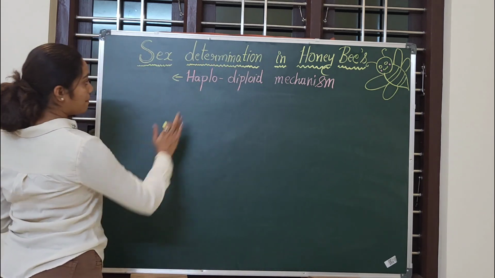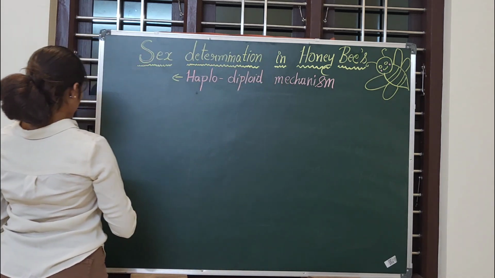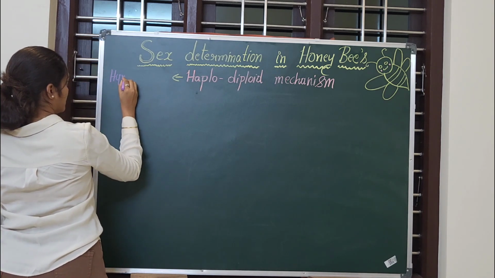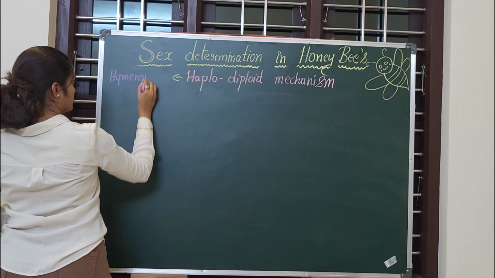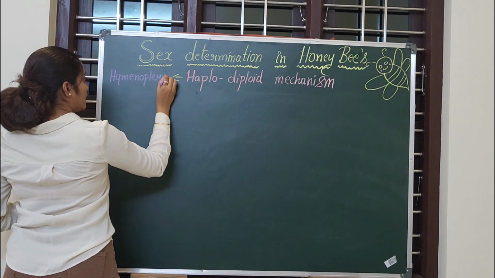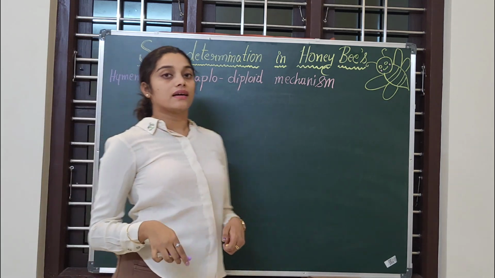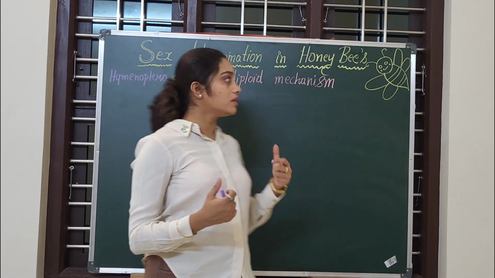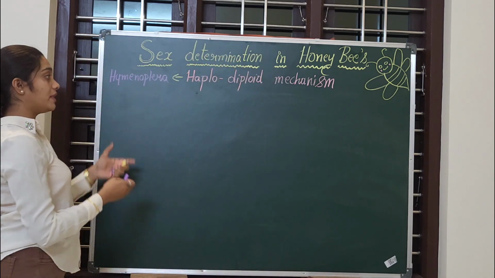Now this haplodiploid mechanism is seen in an order called Hymenoptera. Insects like honeybees, wasps and ants etc. belong to the order Hymenoptera.